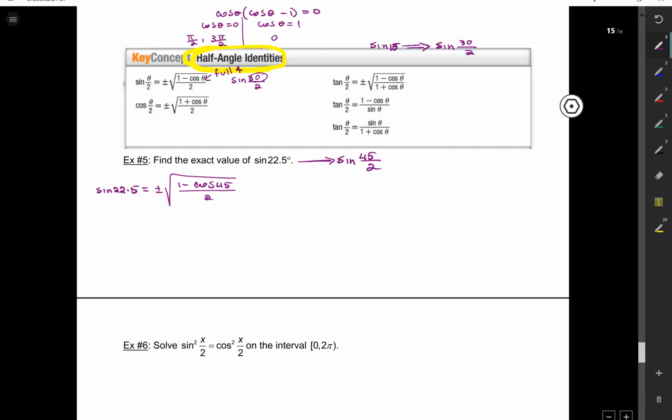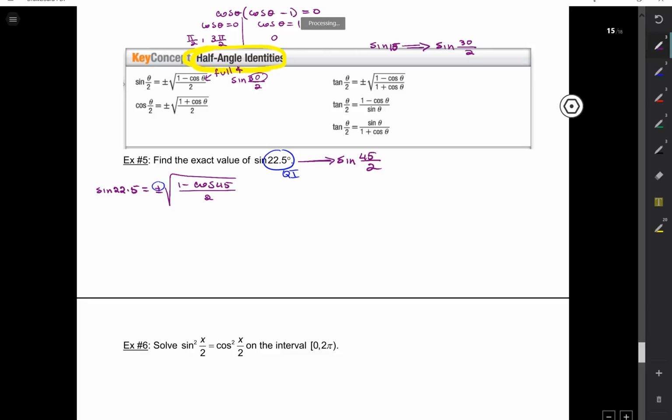Now, listen. 22.5 is the angle that we're looking for. What quadrant is it in? Right, this is in the first quadrant. That means my answer is going to be the positive one. Okay, so I'm going to take the positive one.